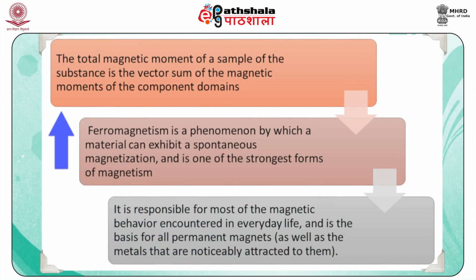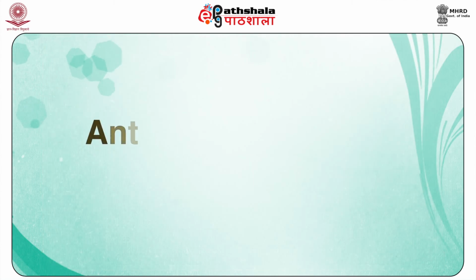The total magnetic moment of the substance is the vector sum of the magnetic moments of the component domains. Ferromagnetism is a phenomenon by which a material can exhibit a spontaneous magnetization and is one of the strongest forms of magnetization. It is responsible for most of the magnetic behavior encountered in everyday life and is the basis of all permanent magnets as well as the metals that are noticeably attracted to them.